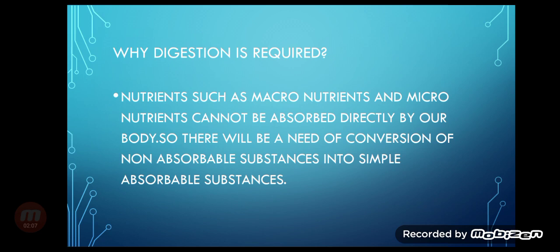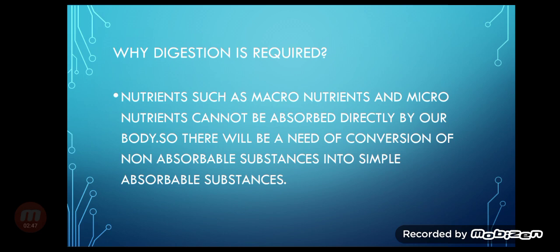Next, why is digestion required? So what is the reason that digestion is necessary for us? We already know that digestion is one of the life processes. Why did digestion become one of the life processes? So let us see. Nutrients such as macronutrients and micronutrients. So there are two types of nutrients in nature. They are macronutrients and micronutrients. In the next slides we are going to see what those macronutrients and micronutrients are.